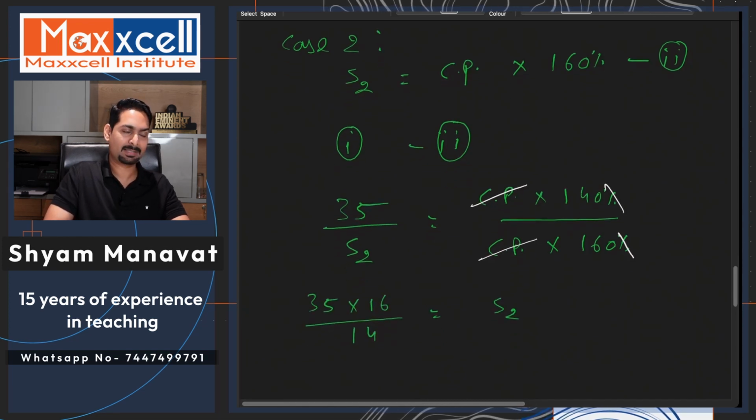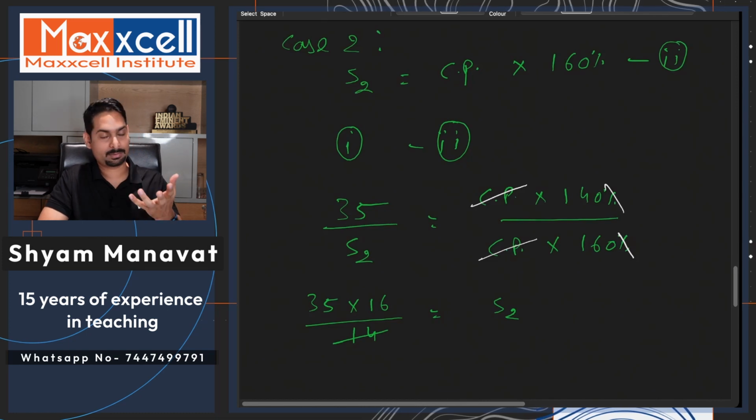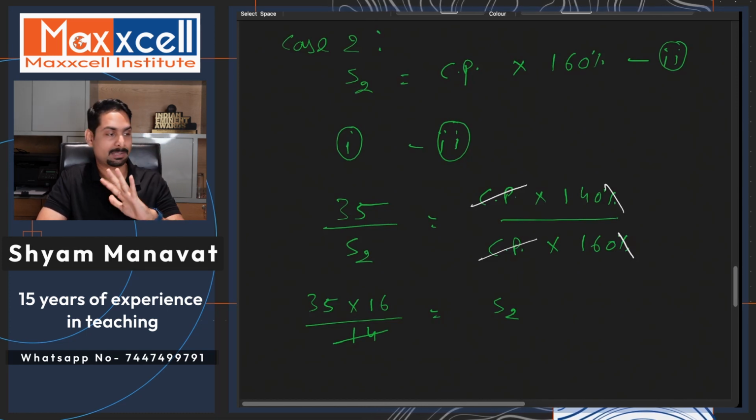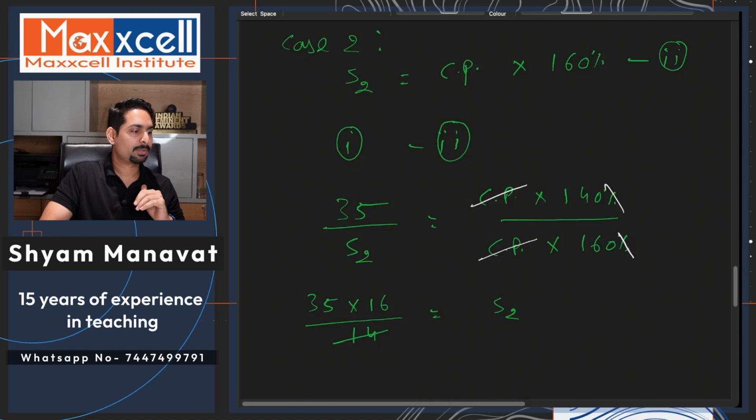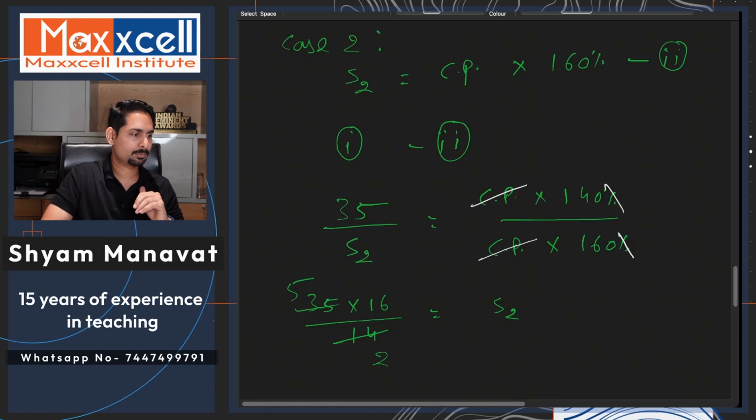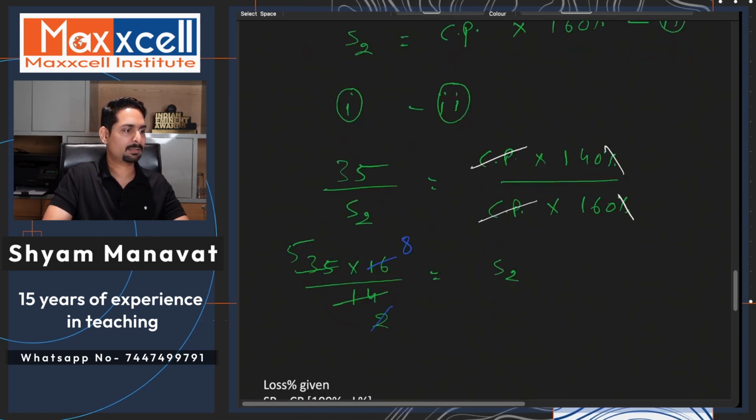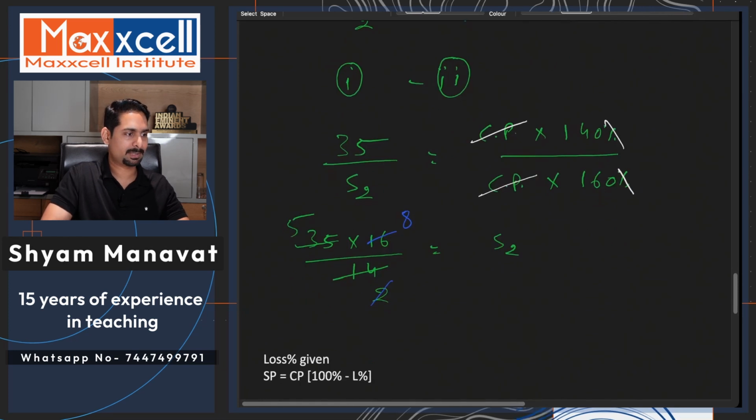Let us simplify here. You will directly get the answer. So that's the beauty of doing the calculation at last. 7 2s are 14, 7 5s are 35. Then 2 8s are 16. 5 8s are 40. Selling price 2 should be how much? 5 8s are 40 rupees.